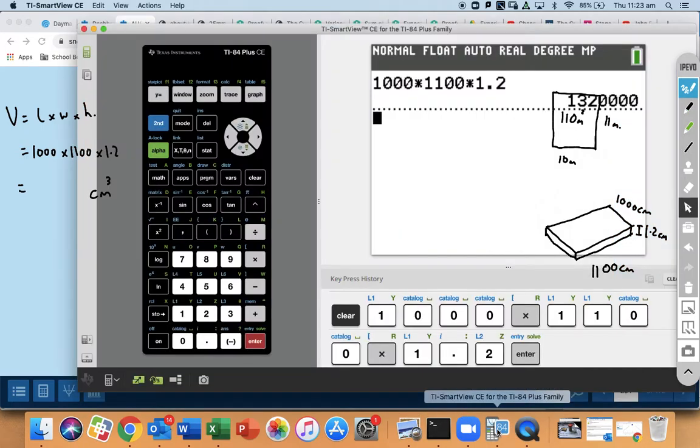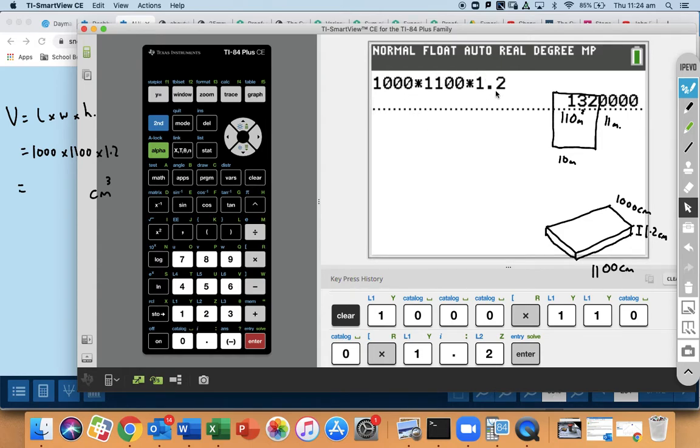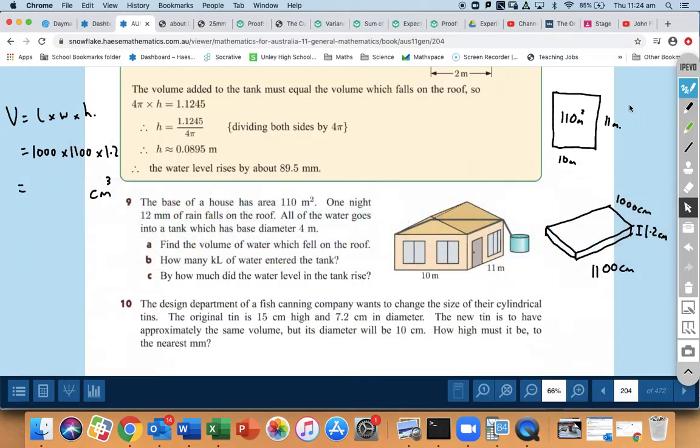I've just done this: 1,000 times 1,100 times 1.2, and I got 1,320,000. Try and remember that. 1,320,000 centimeters cubed.